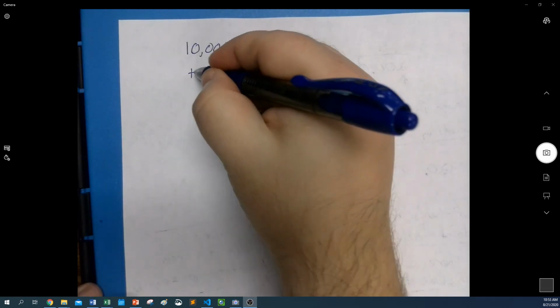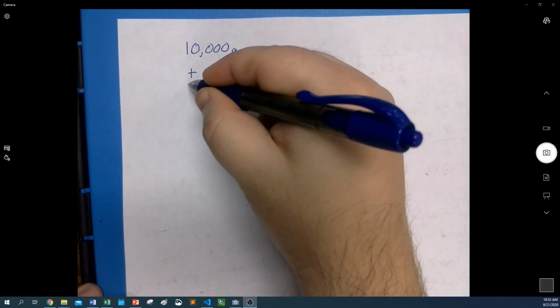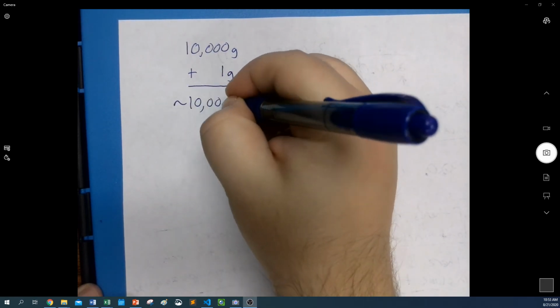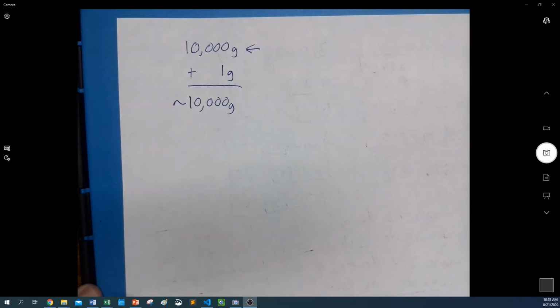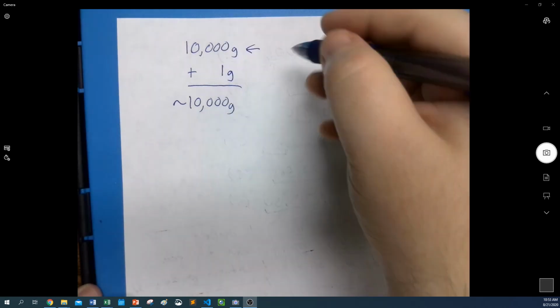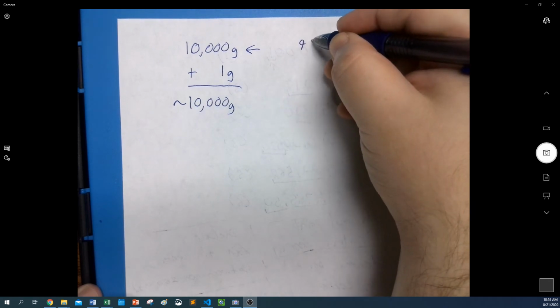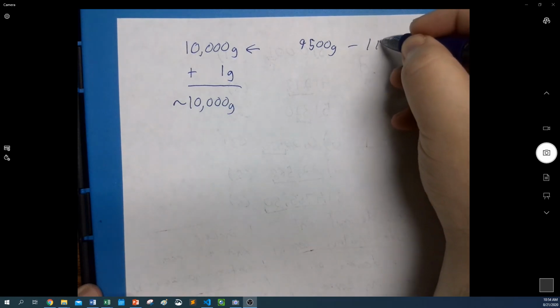So if I have approximately 10,000 grams, and I add 1 gram to it, I still have approximately 10,000 grams. The reason for this is because I had no clue exactly how much I had to begin with, right? If I just went and eyeballed it, I could have had somewhere between 9,500 grams to maybe 10,500 grams.